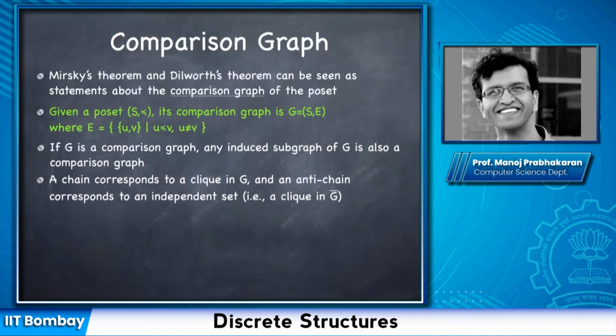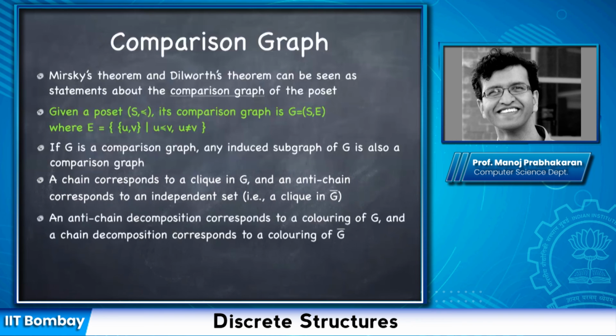It's a subset of vertices such that any two vertices have an edge between them. It's a complete subgraph in G. And what is an antichain? There are no edges between any two elements. No two elements are comparable, so it corresponds to an independent set, or equivalently a clique in the complement of G.